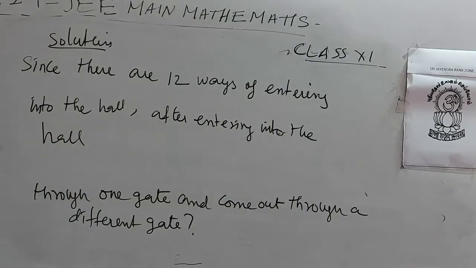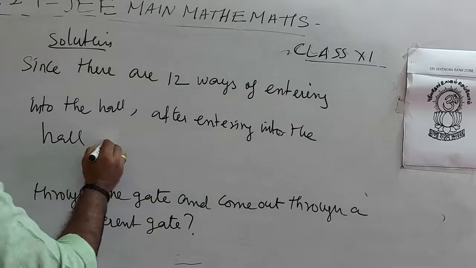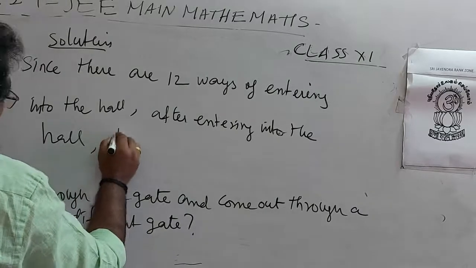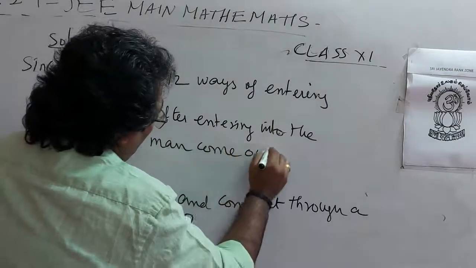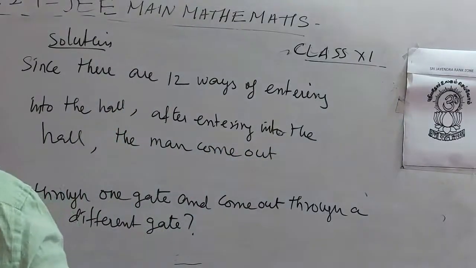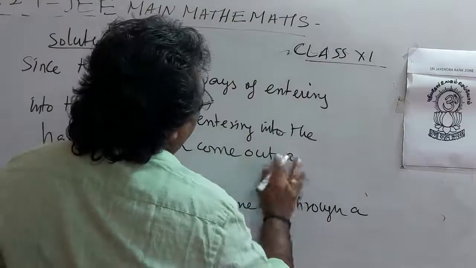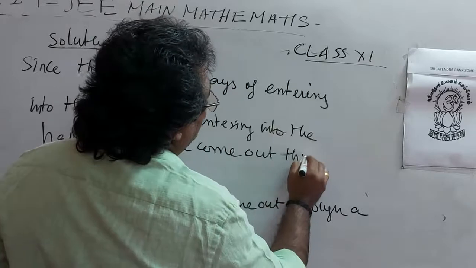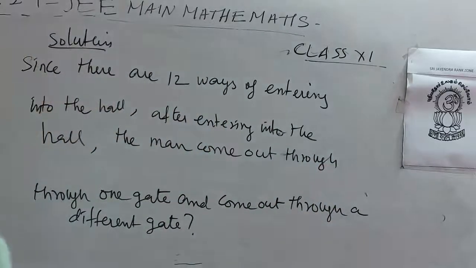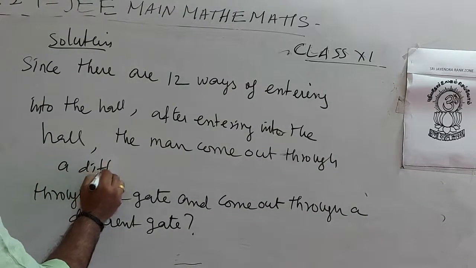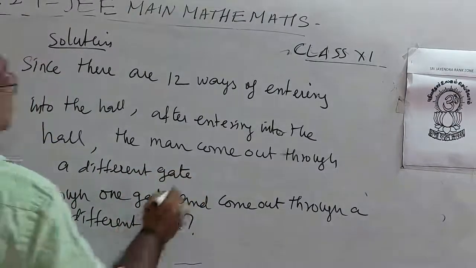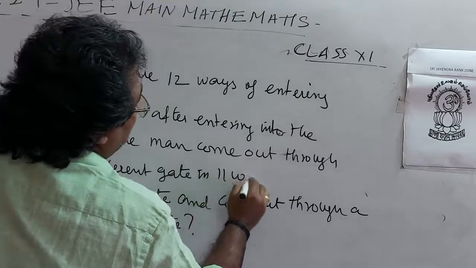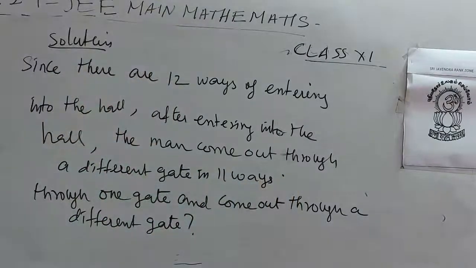After entering into the hall, the man has to come out through a different gate, in 11 ways.